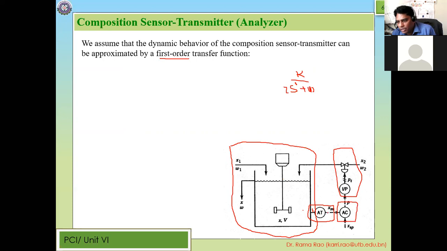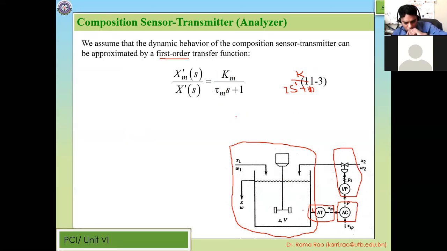So if we assume that this transmitter, the composition sensor transmitter, is also a first order transfer function, then we can write XM by X, that is output by input, as Km by tau m s plus 1.